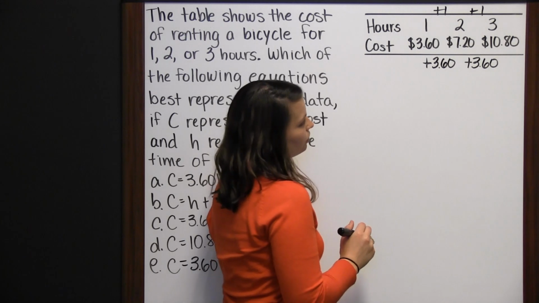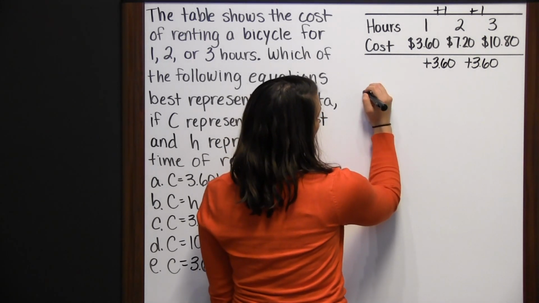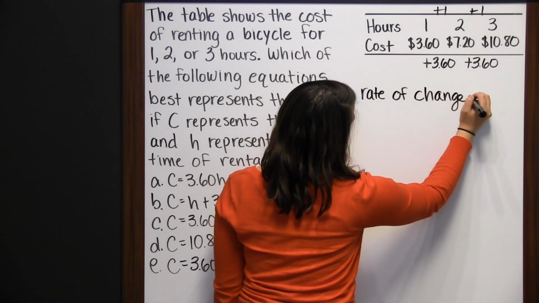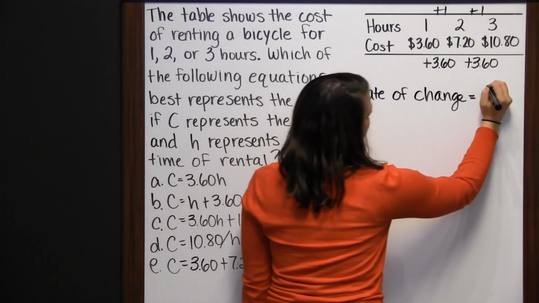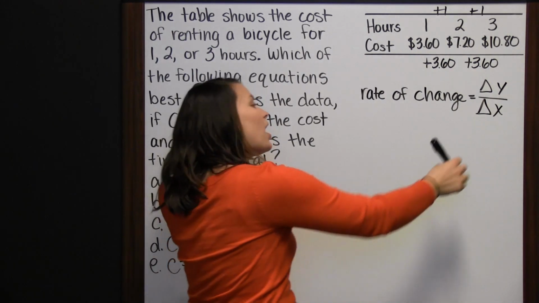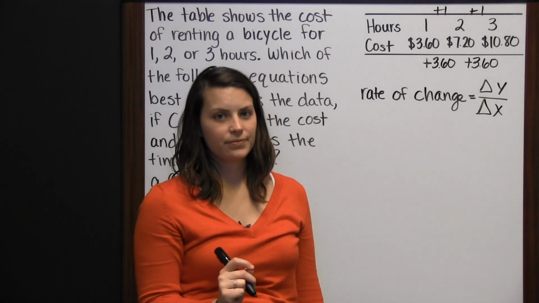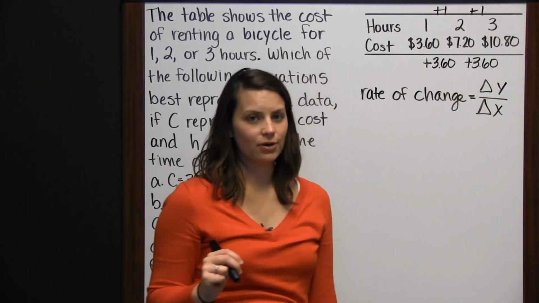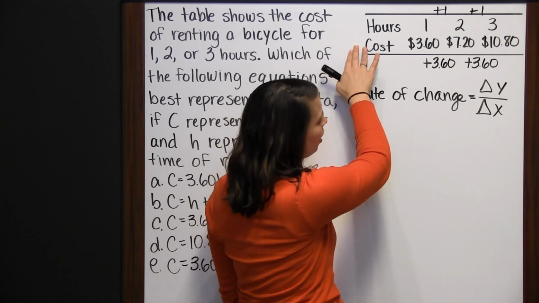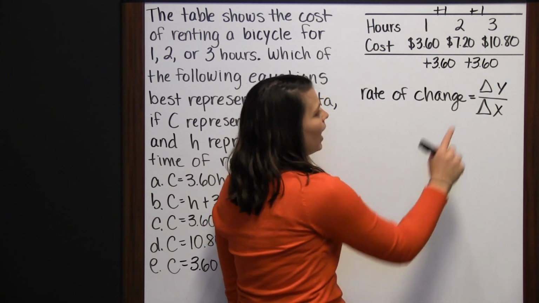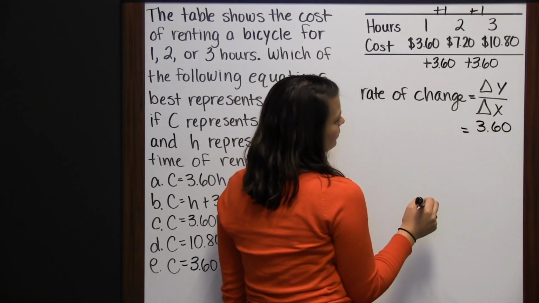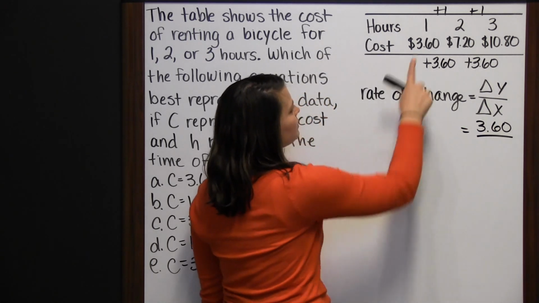So to write my function rule, I simply need to find my rate of change, which is the change in Y divided by the change in X. And the Y, that's the dependent variable, whereas X is the independent variable. And we've already established that our cost is dependent, therefore our cost is our Y. And we've already found the change in Y, it's $3.60, divided by the change in X, 1.